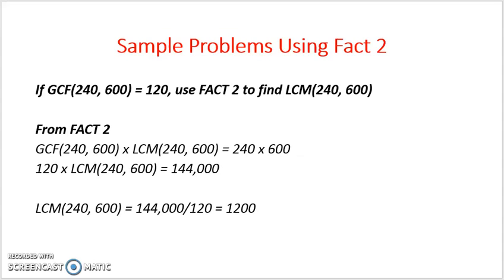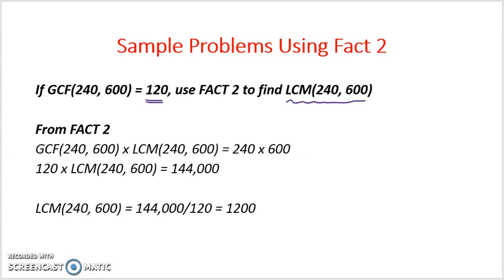Sample problem number 1 states that the GCF of 240 and 600 equals 120. Let's use fact 2 to find the LCM. In other words, rather than you finding the LCM using prime factorization or some other method, I'm going to use fact 2.